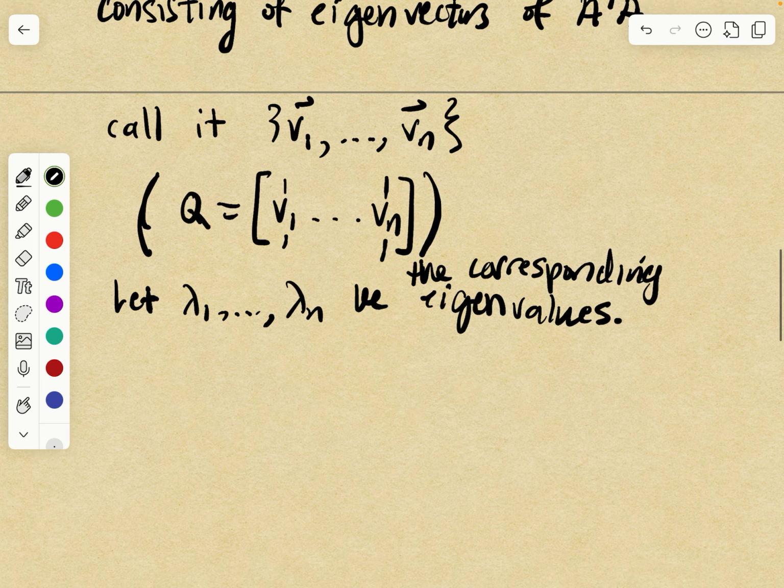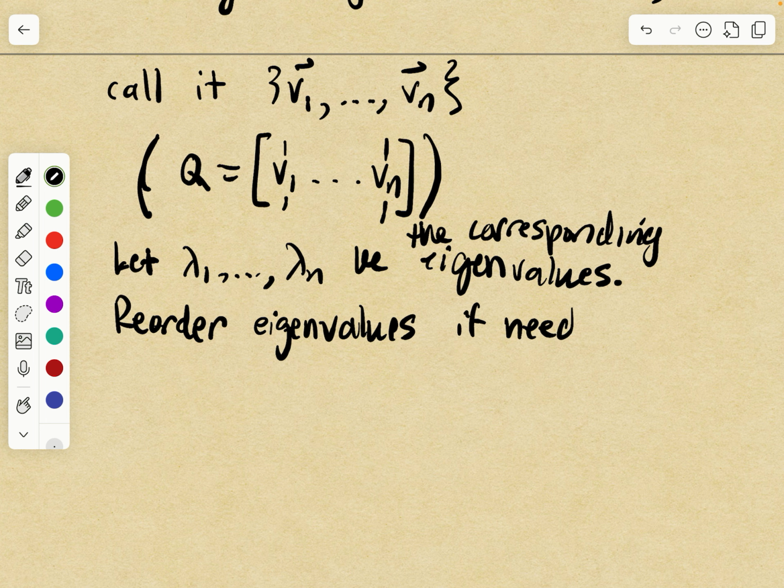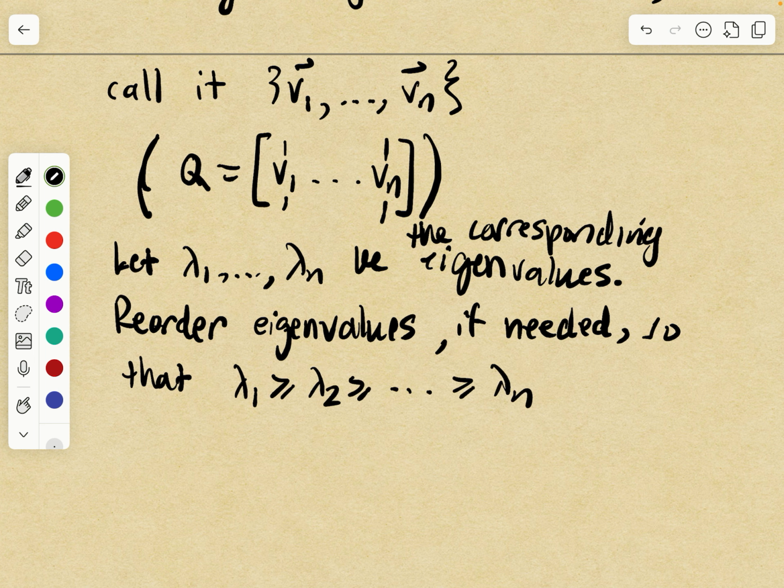But what we're going to do is reorder these eigenvalues, if necessary, so that the lambda i's go in decreasing order. So lambda 1 is greater than or equal to lambda 2, which is greater than or equal to lambda n.